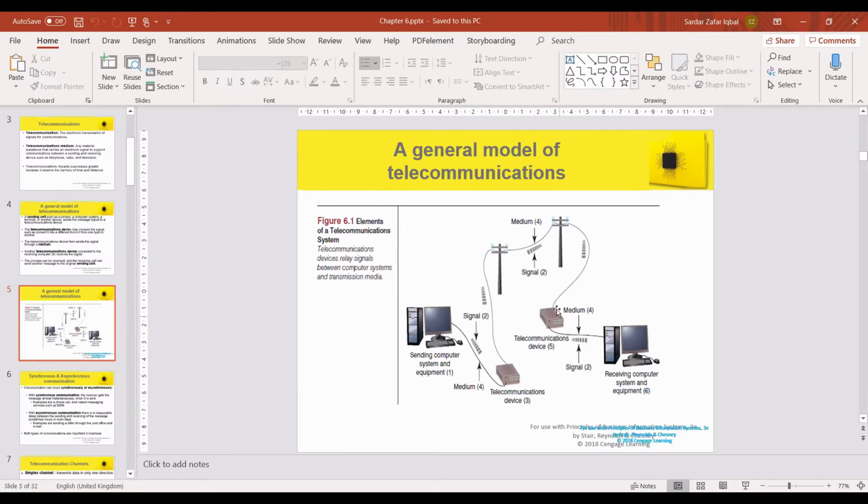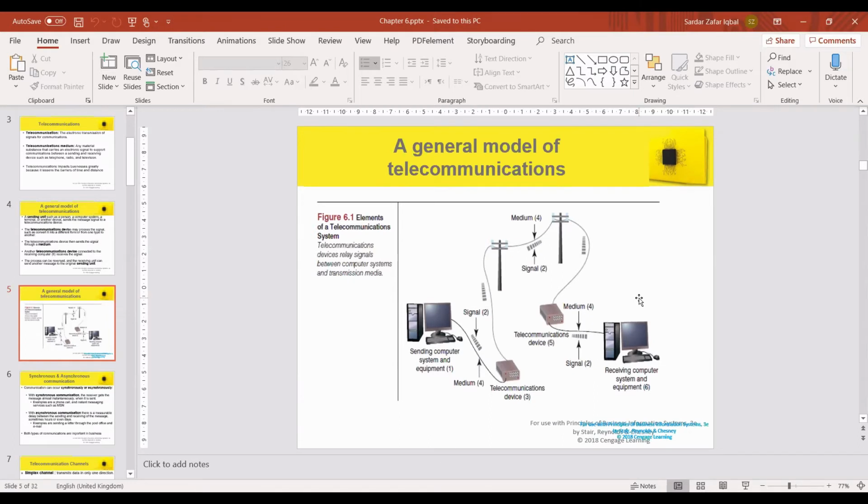Here, this machine again converts the analog signal into digital, and then it will pass to the destination computer, and the computer can understand this message and can also reply. Is that clear, guys? Sure. Okay. This is the generic process of telecommunication.